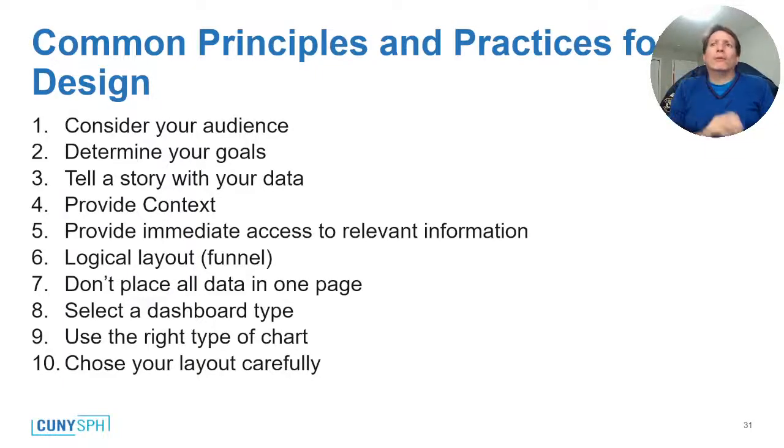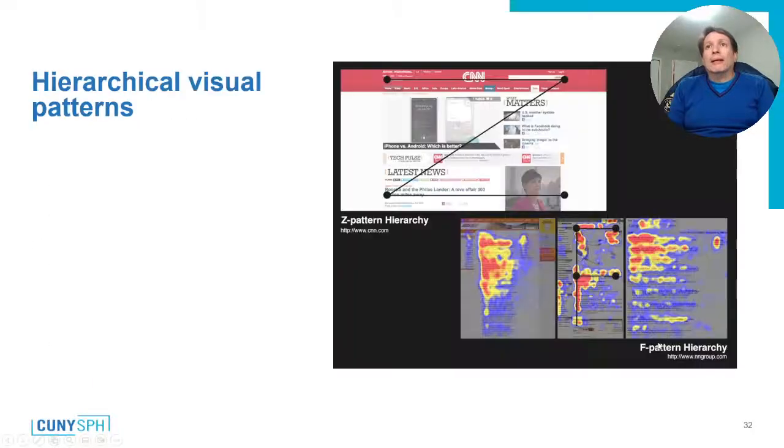And we need to be careful how we choose the layout that we are going to be using. Now it's not the logical layout, this is the actual physical representation layout of the solution. Then we need to think about the visual patterns, and here we have two examples of the most common visual patterns that people follow, and this is going to help us think about where to put the really important information.